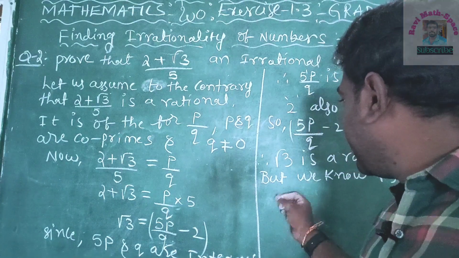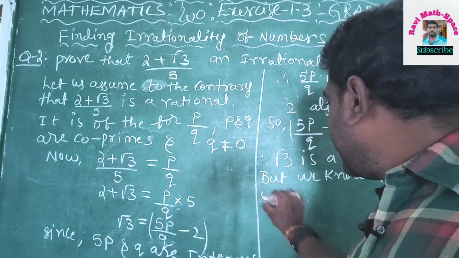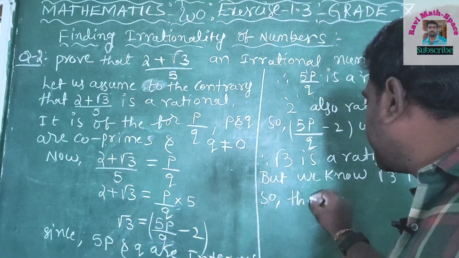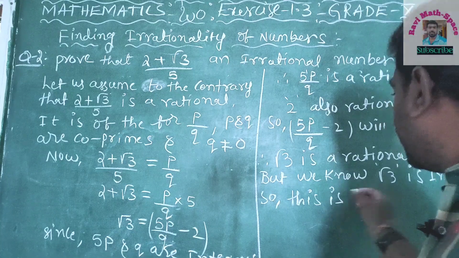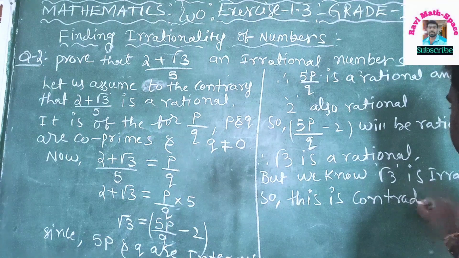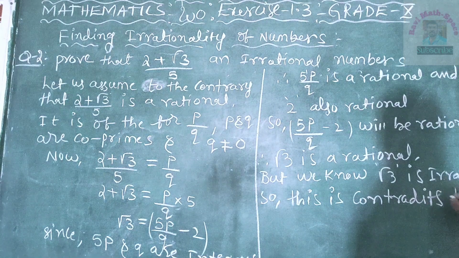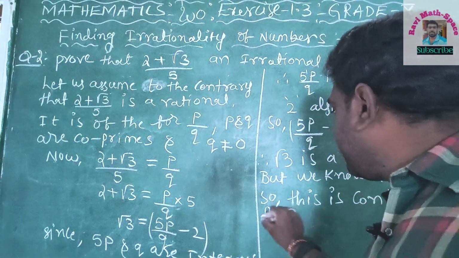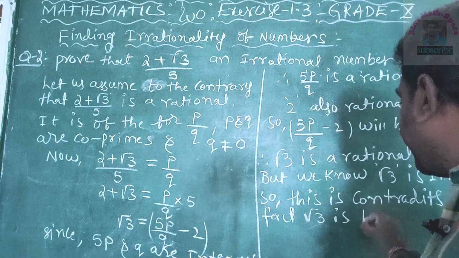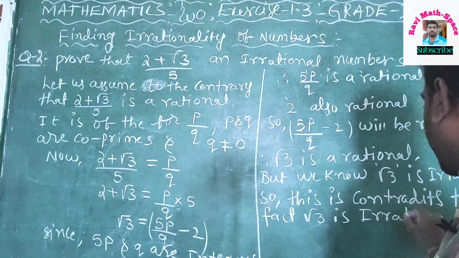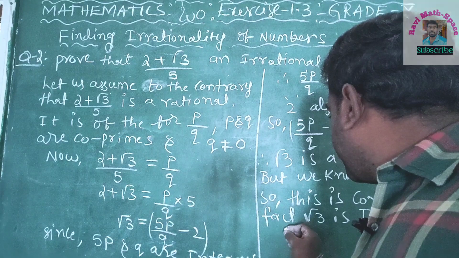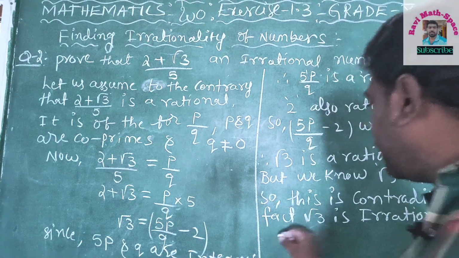So this is a contradiction. It contradicts the fact: root 3 is irrational.